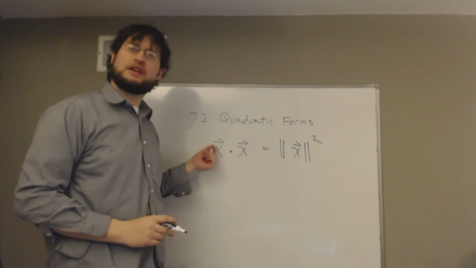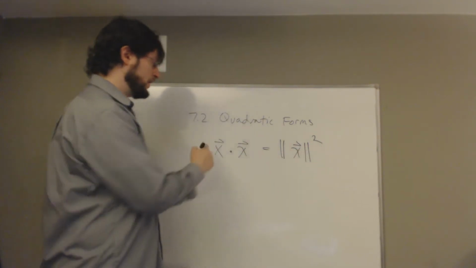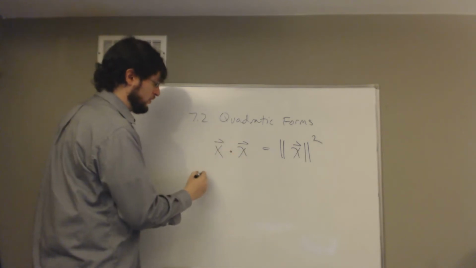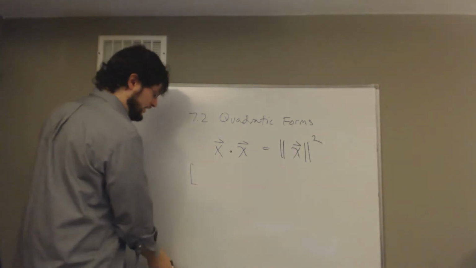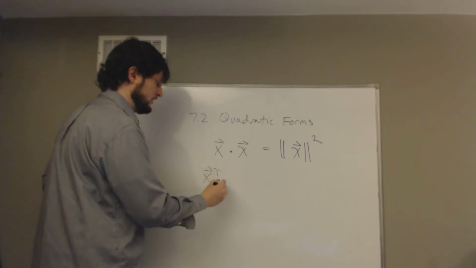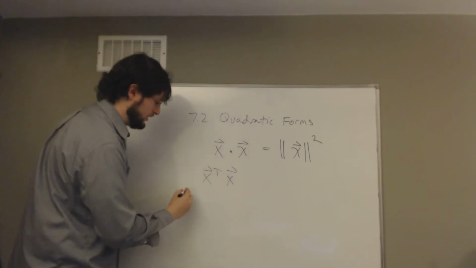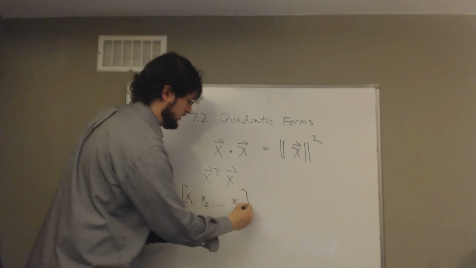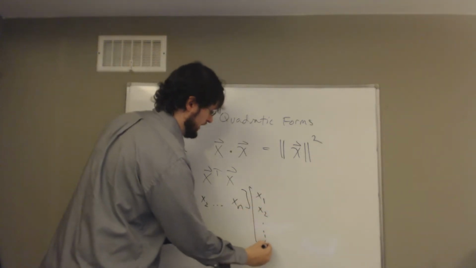This is something that takes a vector x and returns a real number. But I can also write this as something else. I could write this dot product, as we've seen before, as x transpose as a matrix times x as a matrix. So this is x1, x2 to xn times x1, x2 to xn.